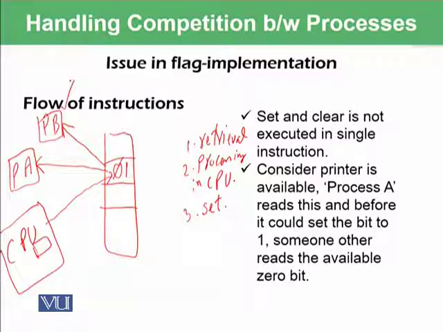Since this set and clear instruction has 3 sub-instructions, if after the execution of the first instruction any other process reads the bit from main memory, it would be misguided. So this printer will be allocated to both process A and process B because both read it as 0.